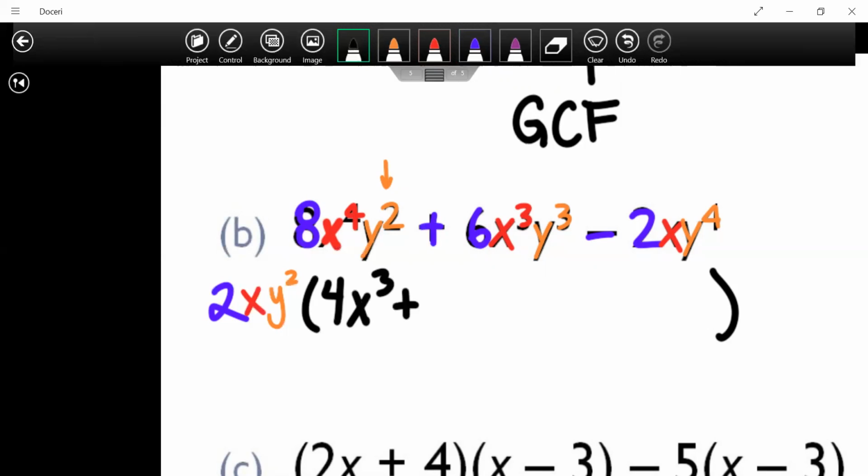We're going to do plus 3. We take 1 away from our x third, and 2 away from our y third, so that's just y. We're left with negative 1 for the 2's. Our x is taken out completely, and we're left with y squared.